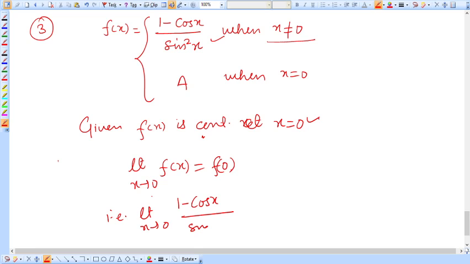It is not exactly equal to 0. So it is equal to f of 0, so x is exactly 0 here, right? So therefore it is equal to a.